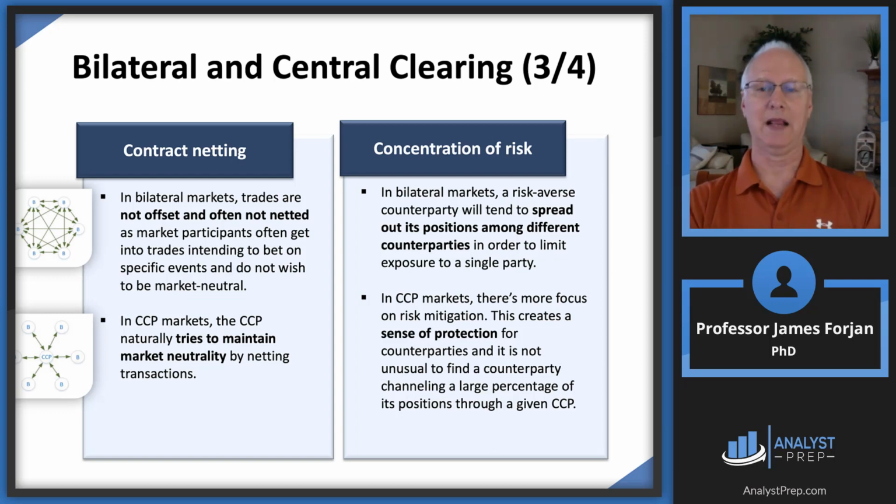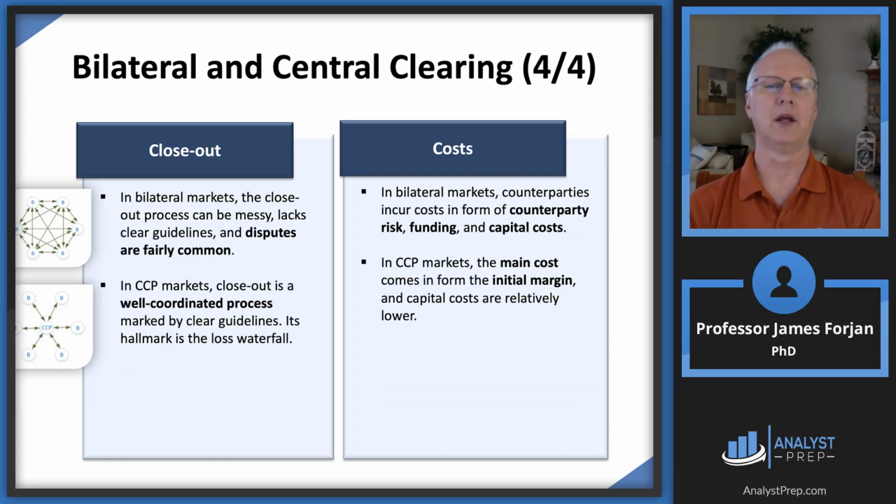Concentration of risk: in a bilateral market, we're going to probably tend to spread out our risk between and among a host of other counterparties so that we don't put all of our eggs into the one Lehman Brothers basket in 2007. But with central counterparties, the focus is more on eliminating risk, or at least reducing risk. And so there are some areas of protection.